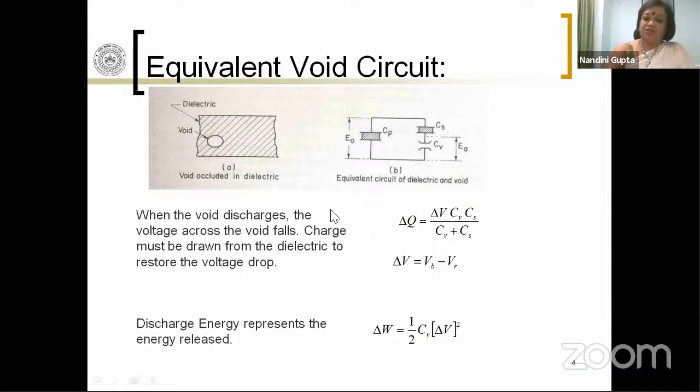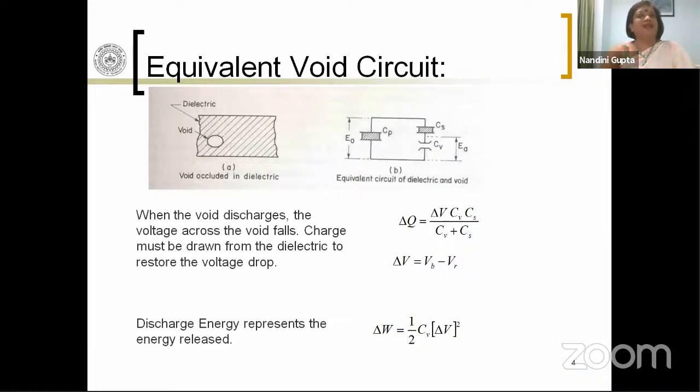Let us imagine that this amount of charge involved in the discharge is delta Q. As long as the void does not break down, this charge present at the top and the bottom of the void results in a voltage delta V across the void.